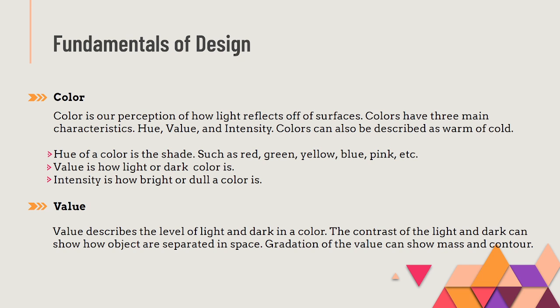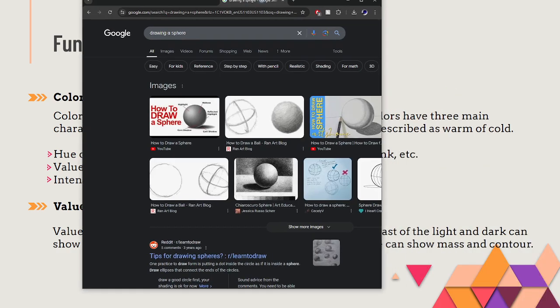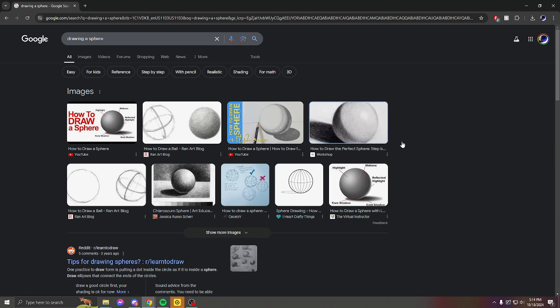Think about if you're drawing a sphere, let me see if I can get up something that shows how a sphere looks. So let's see here, drawing a sphere. Okay, here we go. This one's a good example.